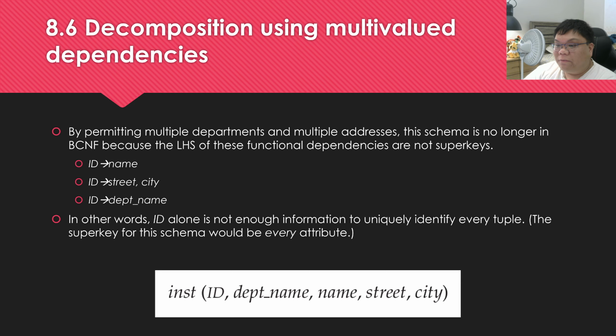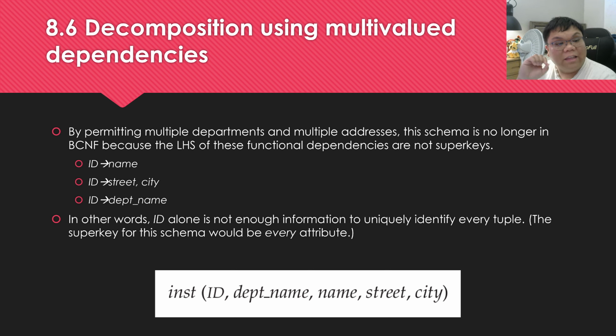So let's look at our functional dependencies. So we have ID determines name, which holds because we still require that each instructor has one name in the database.